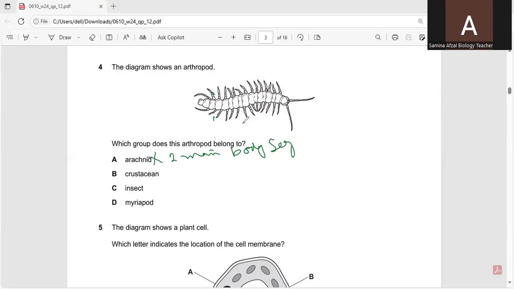Crustaceans are crabs and lobsters. They have specialized appendages, so they are not correct. Insects have three body parts: head, thorax, and abdomen. And myriapods means many feet.